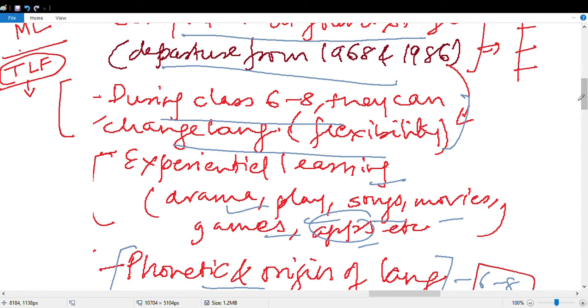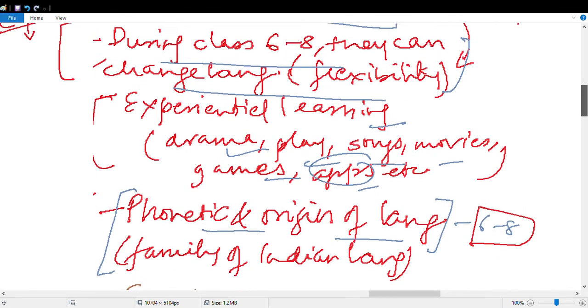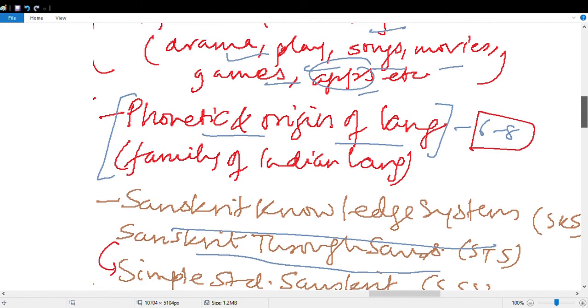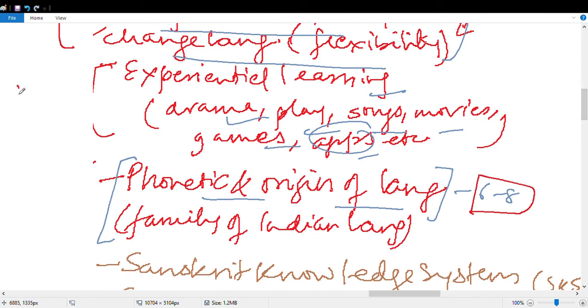Then experiential learning would be encouraged: drama, play, songs, movies, games, apps, or other things. Meanwhile, they have also emphasized that textual and translation works are to be done, and dictionaries are to be developed.